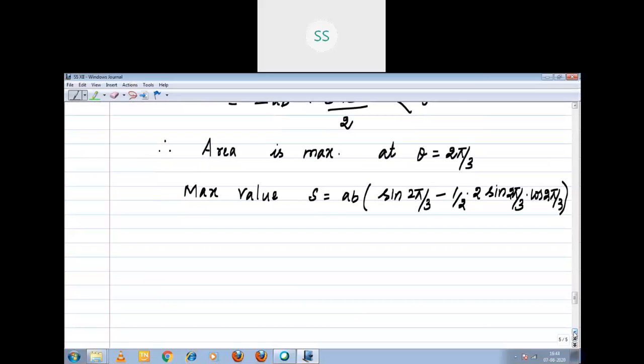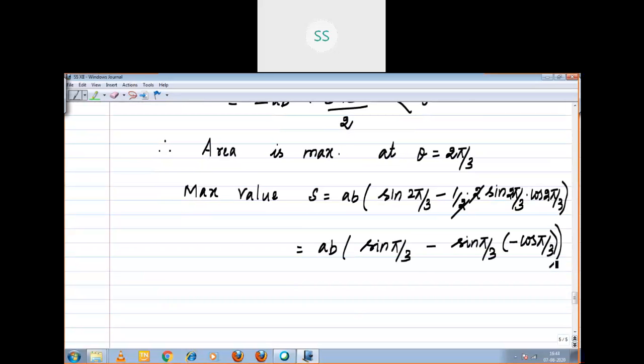Now, what is the value of sine 2 pi by 3? You know that, right? It is equal to AB into sine pi by 3, since 120 degree is equivalent to sine 60 degree. Here the 2 cancels. Cos 2 pi by 3 becomes minus cos pi by 3, because the second quadrant is a sine house: sine and cosecant, except any other thing comes, it will act as negative.